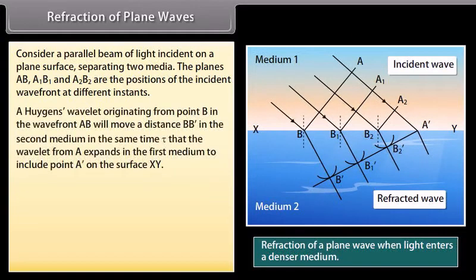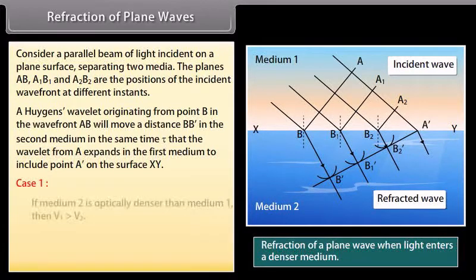A Huygens wavelet originating from point B in the wavefront AB will move a distance BB' in the second medium in the same time that the wavelet from A expands in the first medium to include point A' on the surface xy. Since the two wavelets with radii AA' and BB' are not in the same medium, they move with different speeds, say V1 and V2 respectively.